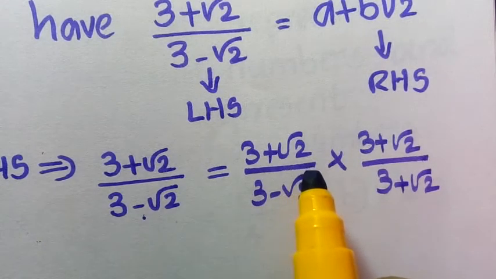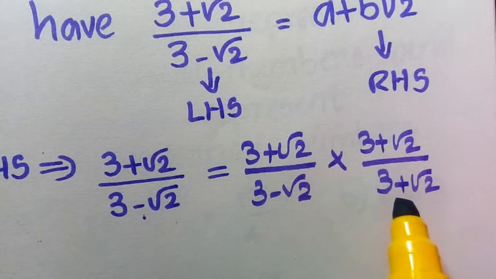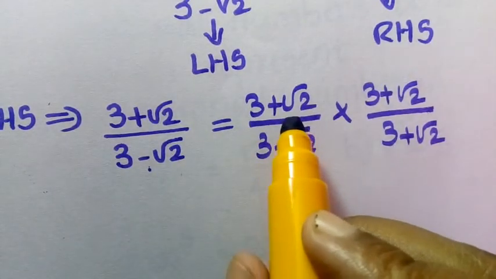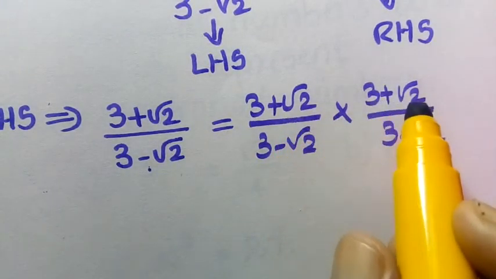Now we will solve the numerator and denominator separately. 3 + √2 into 3 + √2.